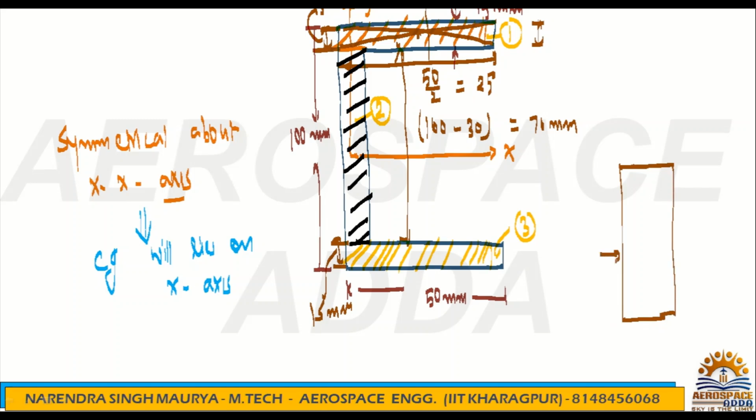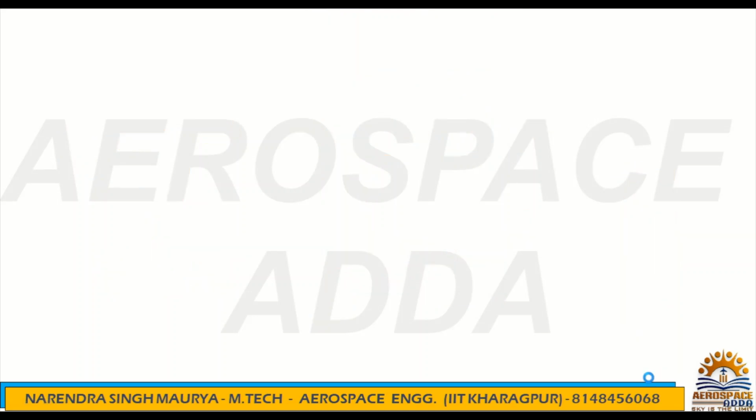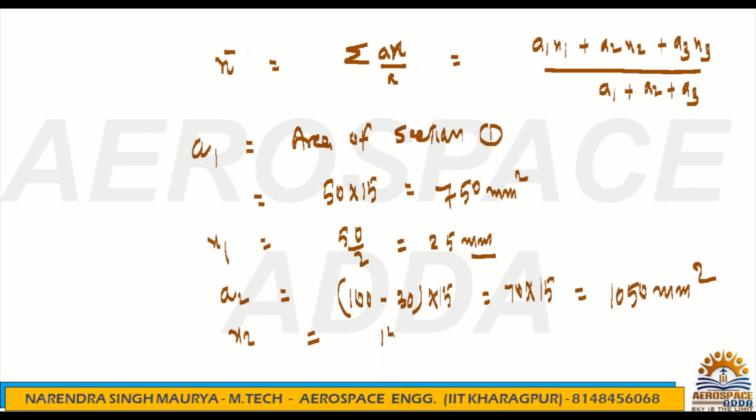Okay. What is the width here? It's nothing but 15. So where is the CZ? CZ will be x2, that is 15 by 2, just half of this. It is nothing but 7.5.